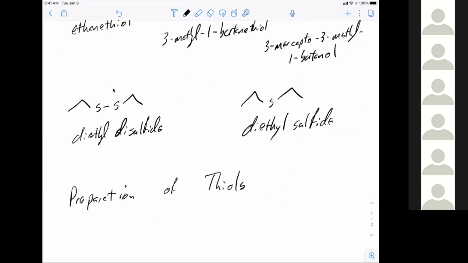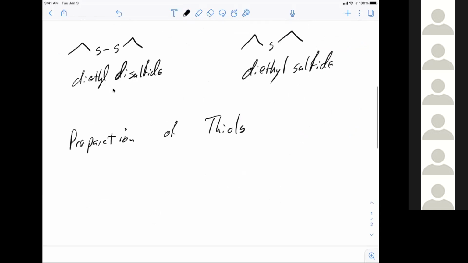So for preparation of thiols, we really are looking at just review of SN2 and SN1 reactions. So these are both review. We can take a primary bromide and react that with a good nucleophile.